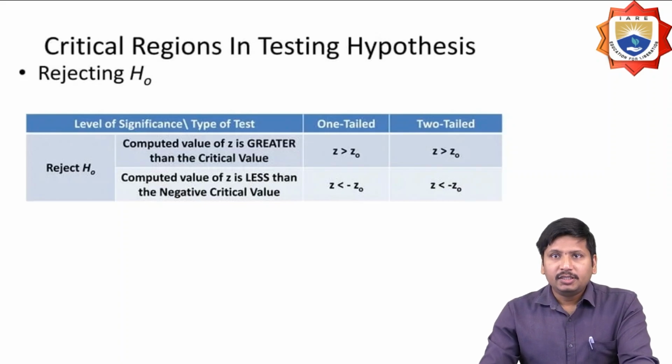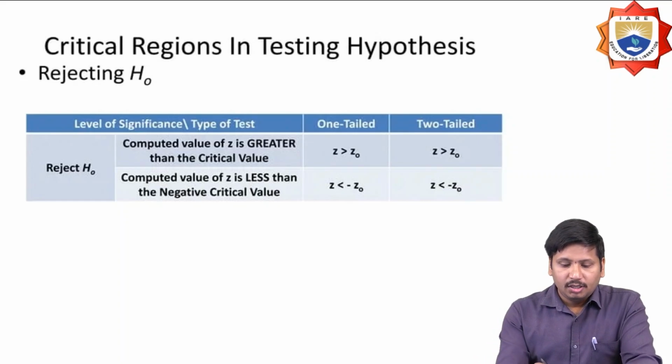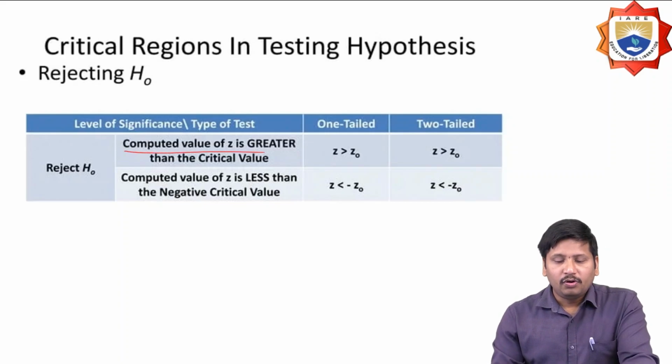And the critical regions in testing of hypothesis tell us when to reject H naught. Suppose the computed value of Z is greater than the critical value, then we perform the one-tailed test. That should be Z greater than Z naught.